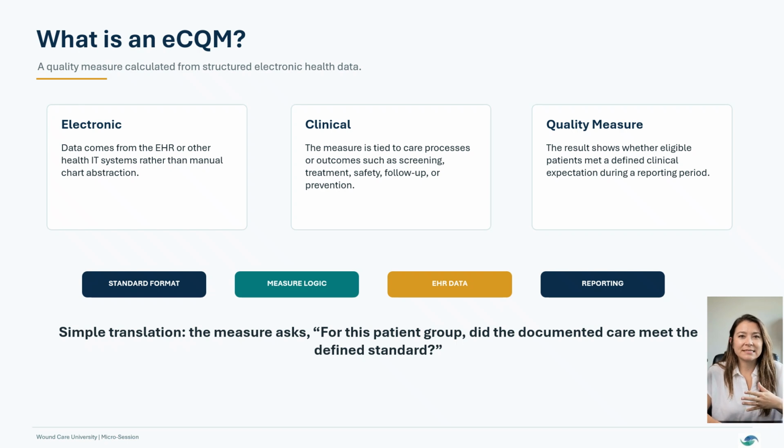Quality measure means the system is evaluating whether the care documented for a defined group of patients met a specific expectation. In practical terms, an eCQM asks, among the patients who qualify for the measure, did we do and document the expected care? If the care was done but not captured in the right place, the measure may not count it. That is why eCQMs are both a clinical quality issue and a documentation workflow issue.